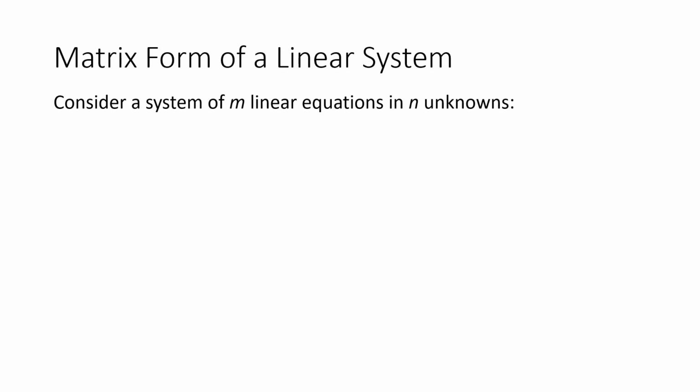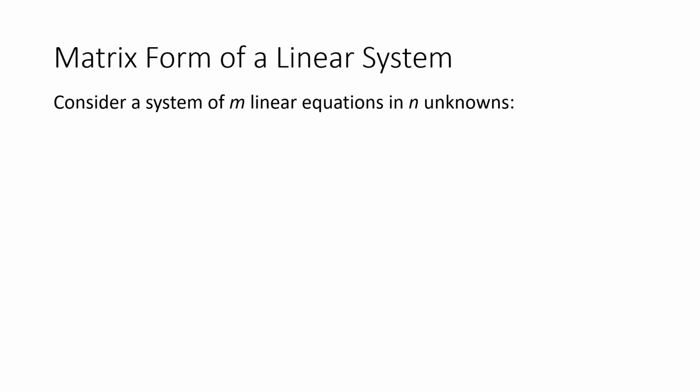So, matrix form of a linear system. Matrix multiplication has an important application to systems of linear equations. For example, consider a system of m linear equations and n unknowns.